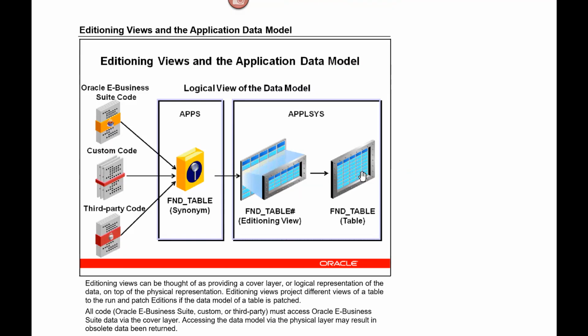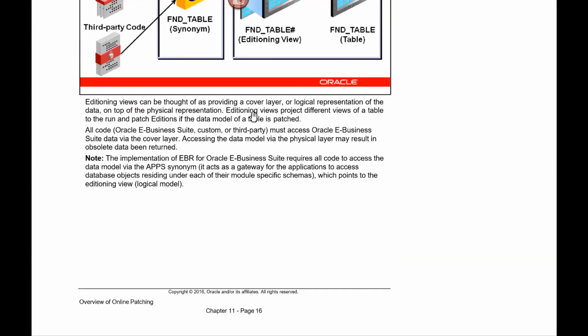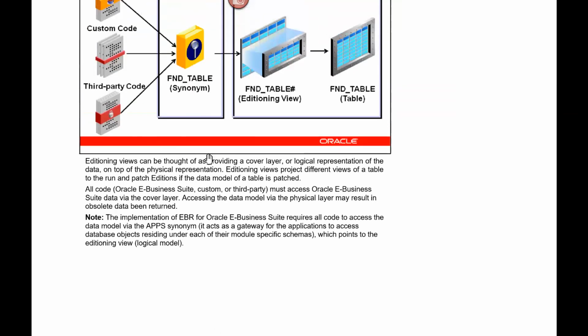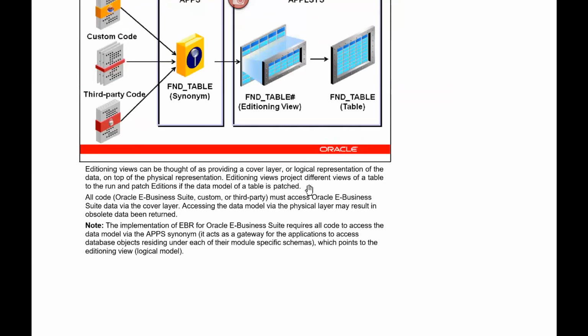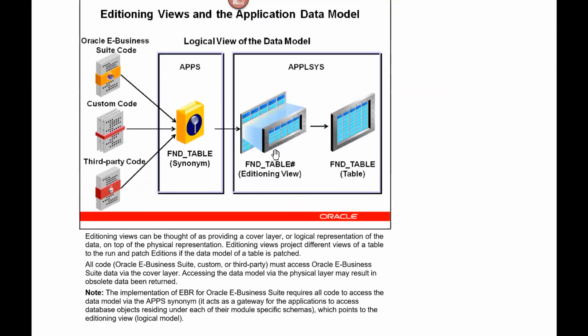This is your original table, and they are maintaining a view, FND_TABLE#, the editioning view. Editioning views can be thought of as a cover layer, a logical representation of data on top of the physical representation. Editioning views project a different view of a table to the run edition and the patch edition if the data model has been patched. You cannot see them, but internally they are maintaining them. So this will have a different view and this will have a different view, and this only happens during the patching.